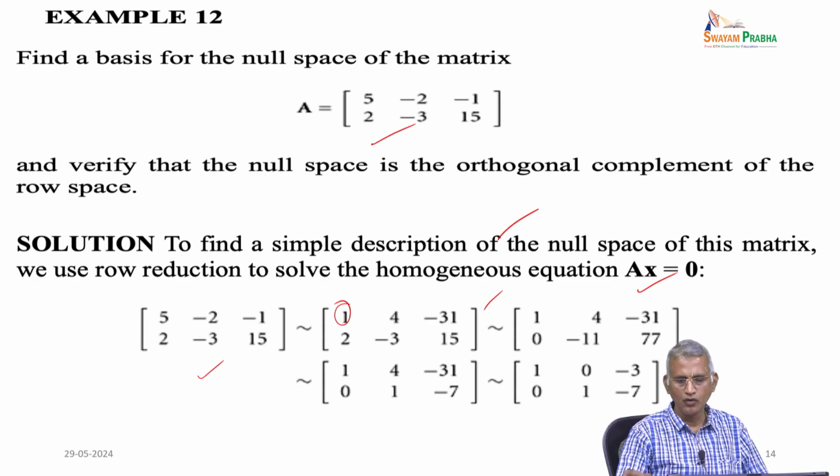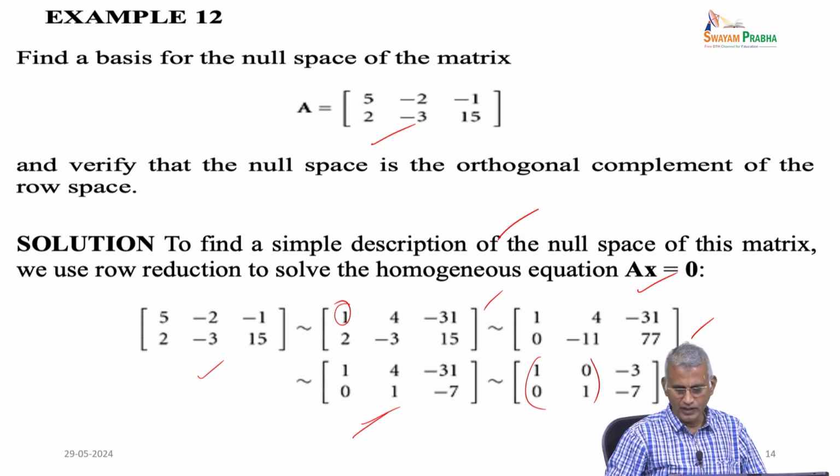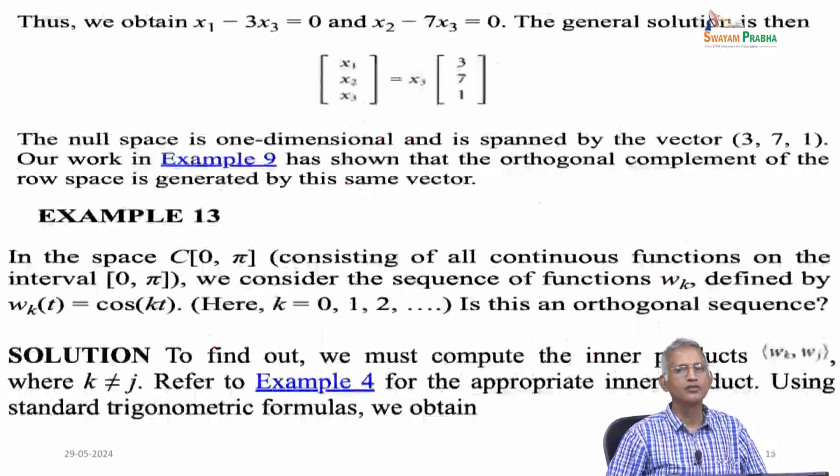We have 1, 4 minus 3, then 0, minus 1, 11, 77, and below this also 0 and 1 come, so that the identity matrix will be described. Now, with the identity matrix and the corresponding values, we can easily find the solution of Ax equal to 0.